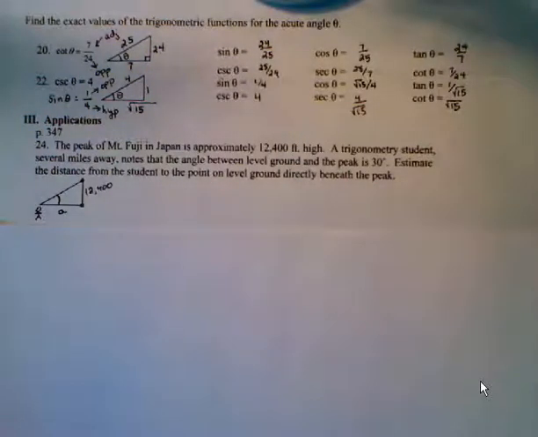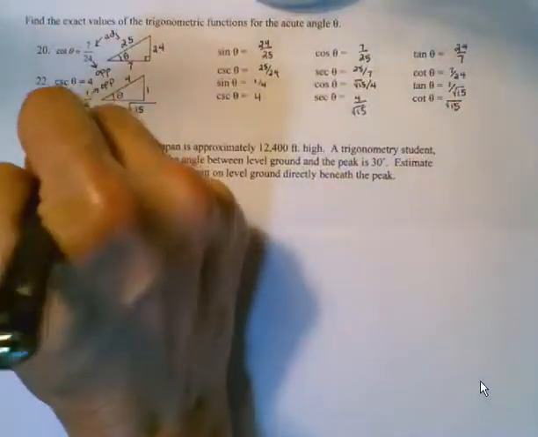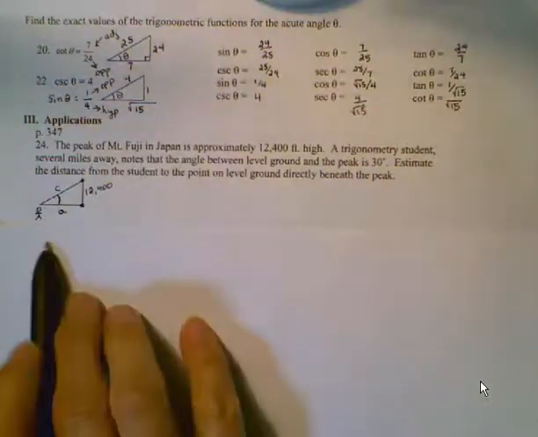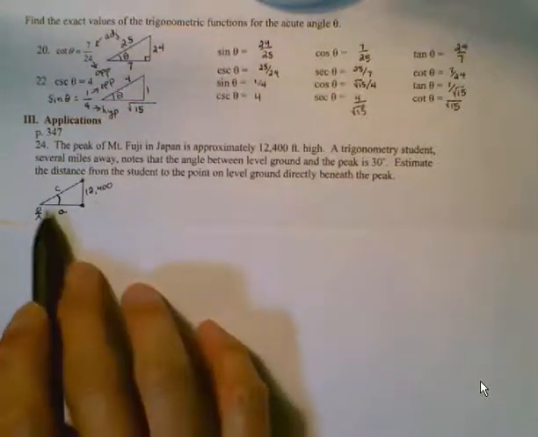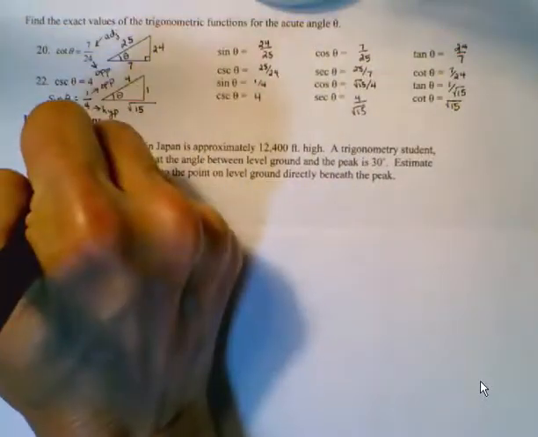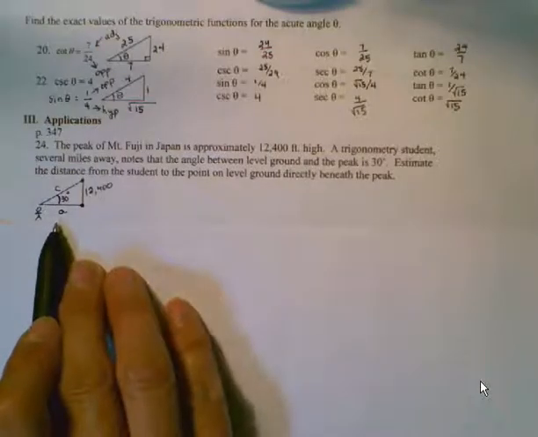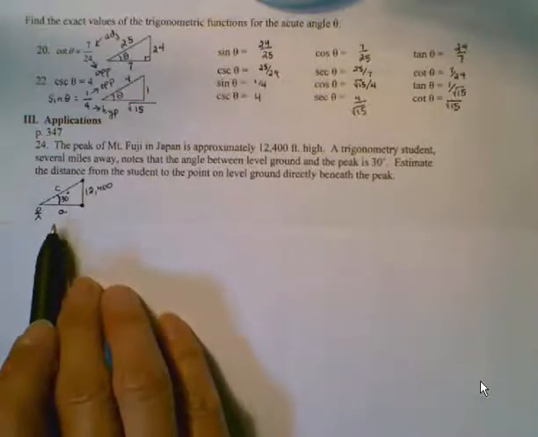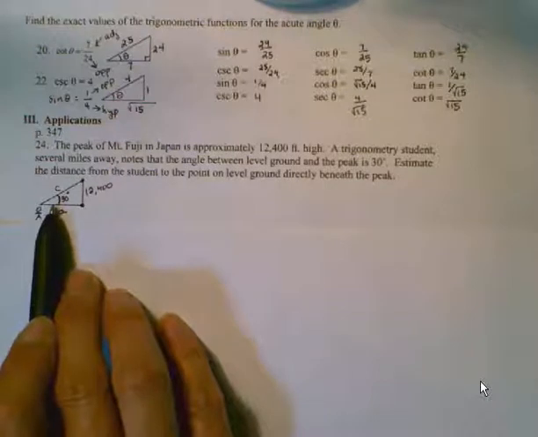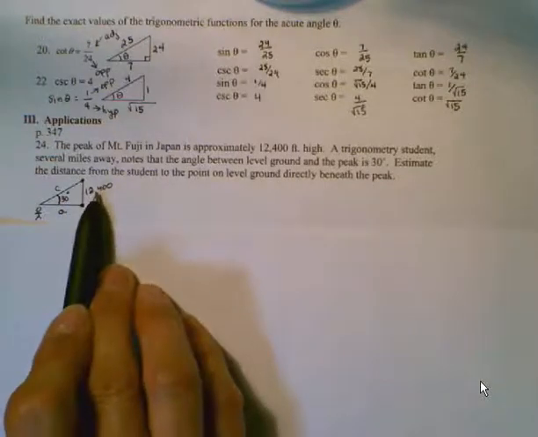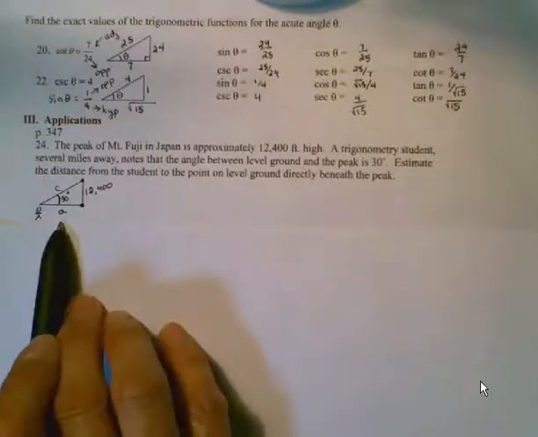So this is what we're looking for, one of the legs. And we don't know what the hypotenuse is. All we know is this leg, and this angle is 30 degrees. If A is the distance we're looking for, then we need a trigonometric function of 30 degrees that would involve the opposite side and the adjacent side.